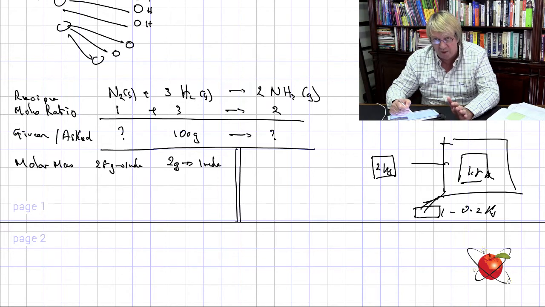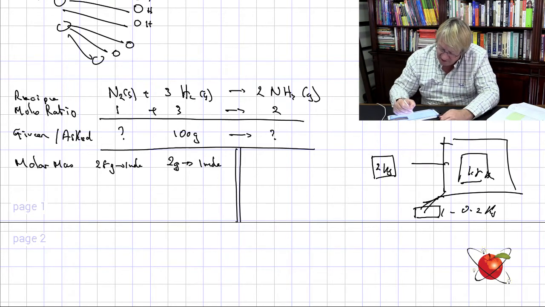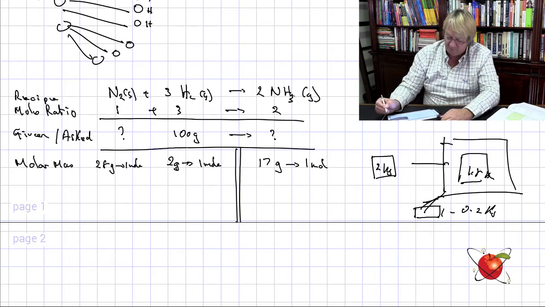This side of the wall, we've got product. This side of the wall, we've got reactants. And let's look at the molar mass of ammonia, NH3, that's going to be 3 grams plus 14, is going to be 17 grams for 1 mole.